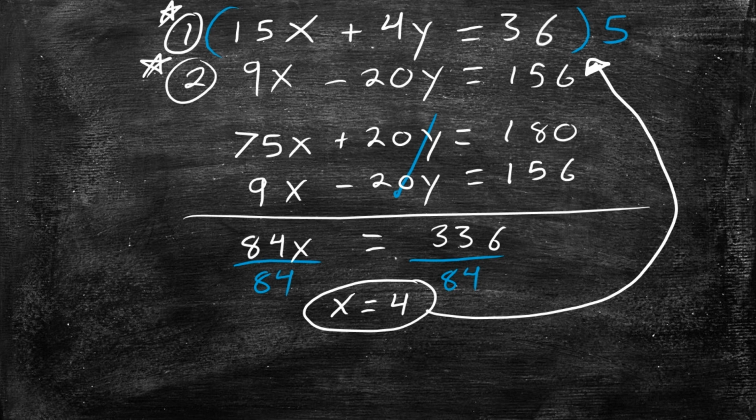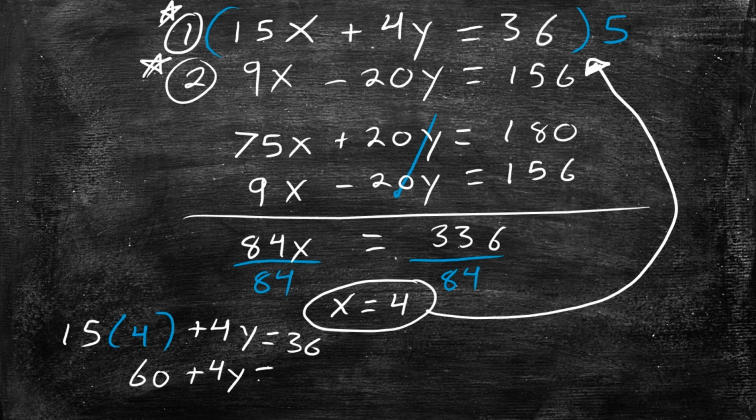So we are going to get 15 times 4 plus 4y is equal to 36. All right, 15 times 4 is 60 plus 4y is equal to 36.